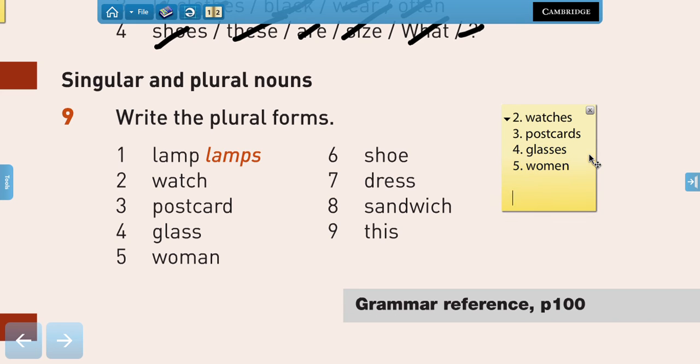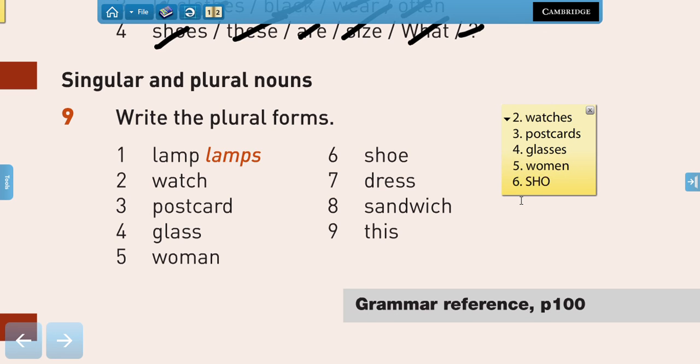Superman is written like that because Superman is only one, right? So we say man. Man is singular, right? And men is plural. The same goes for woman, and then women with an E sound at the end.